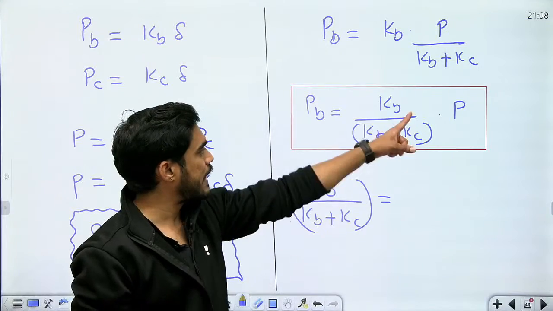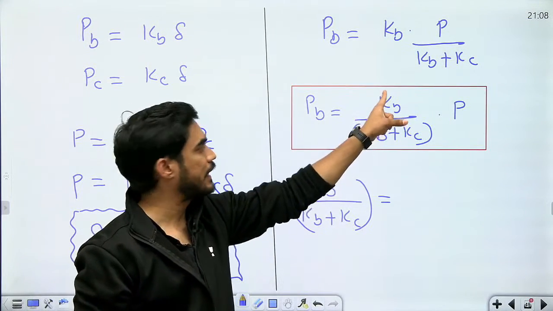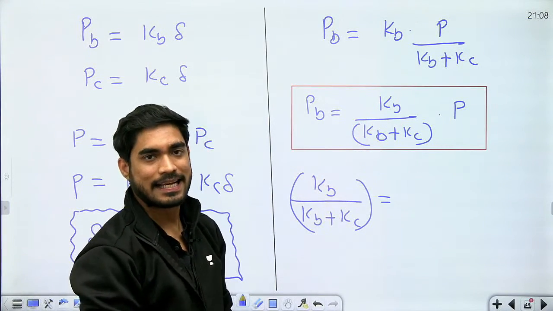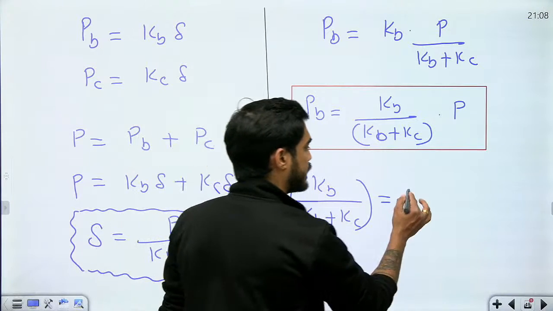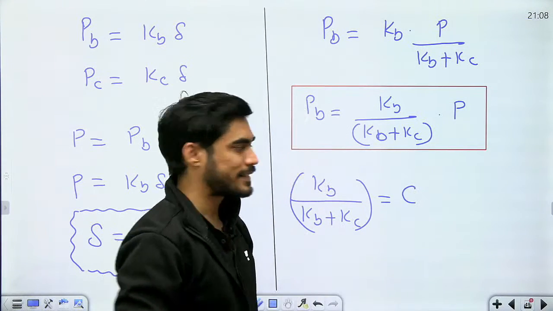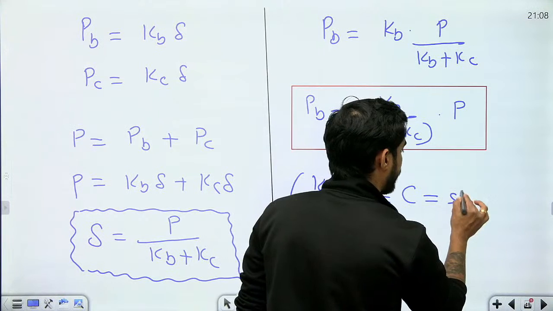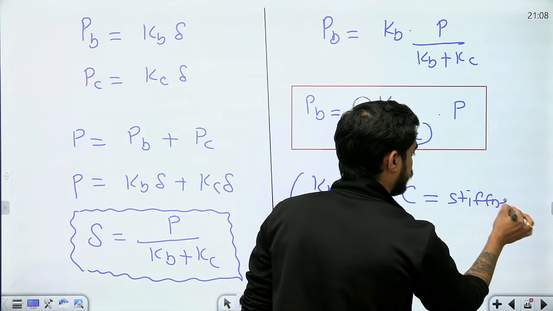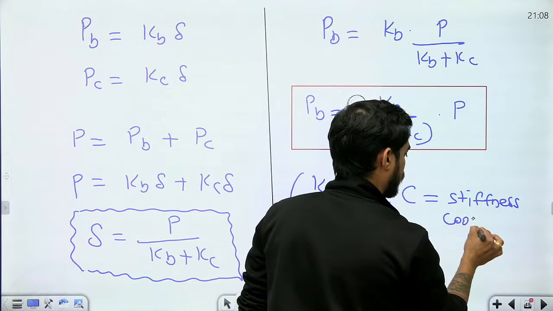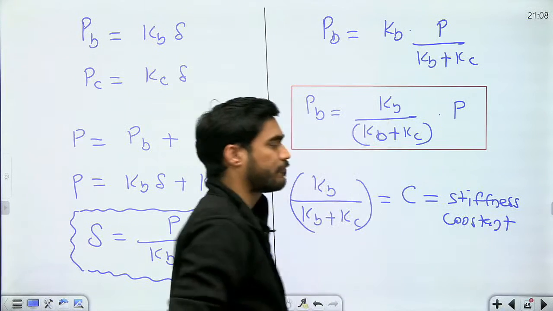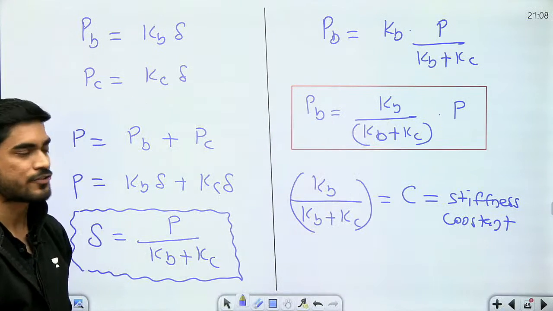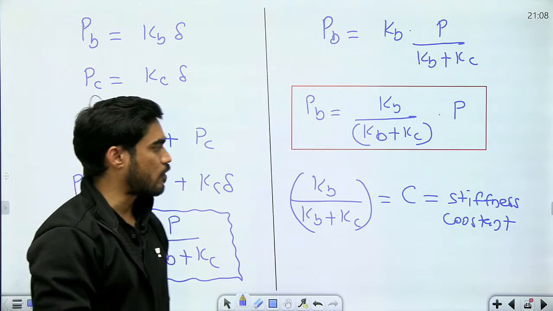That will be decided by this parameter kb upon kb plus kc, and this kb upon kb plus kc is known as the stiffness constant of spring.